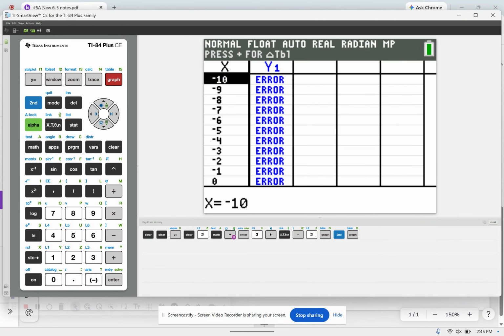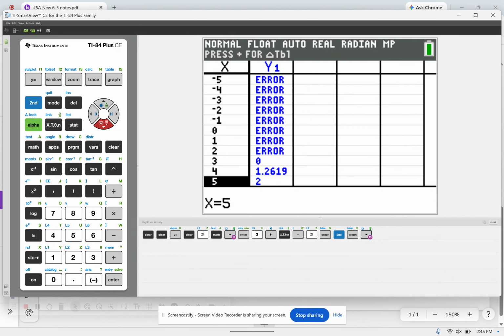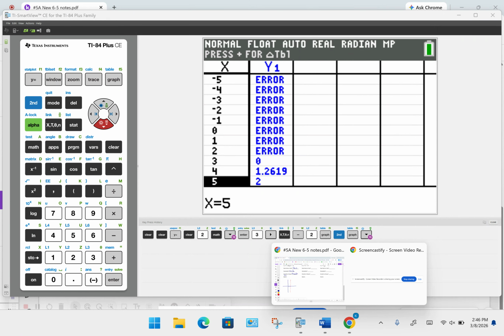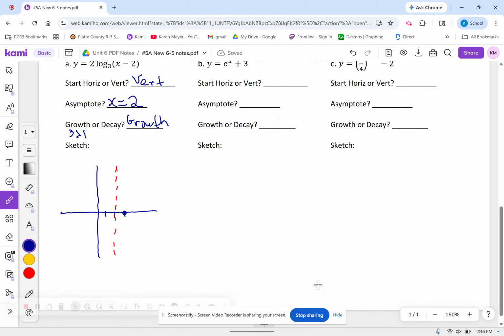So I'm going to go to my table. Okay, here it looks like 3, 0 is a nice point and 5, 2 is a nice point. So let's go ahead and plot those. 3, 0 would be right here, and 5, 2.